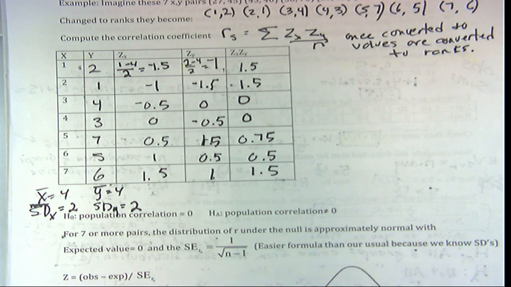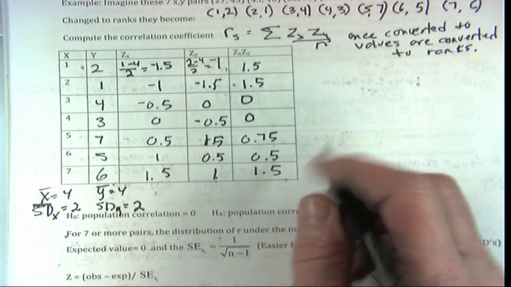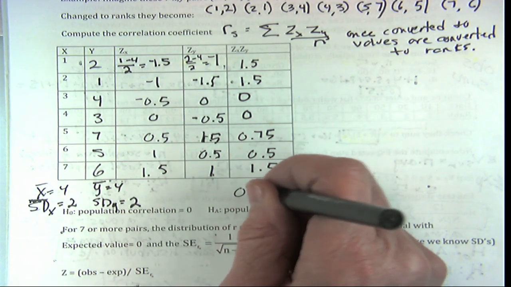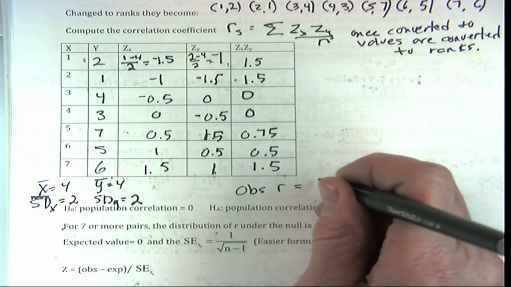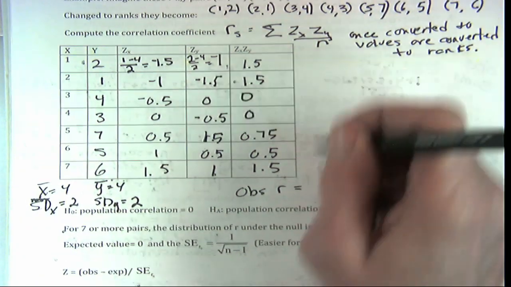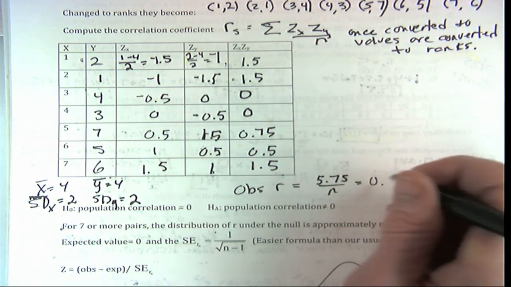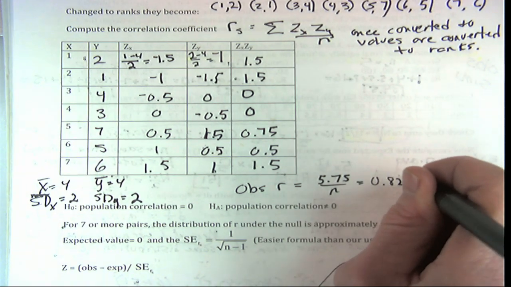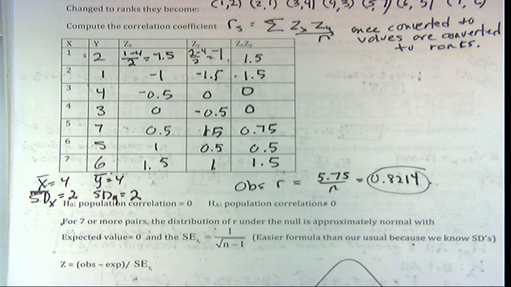So we'll add them all up, and so our observed R is the sum of all those products, which is 5.75, divided by n, which is 7, giving 0.8214. That's our observed R.